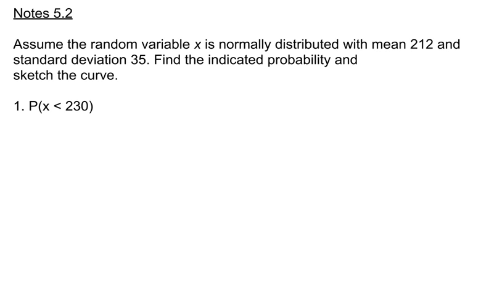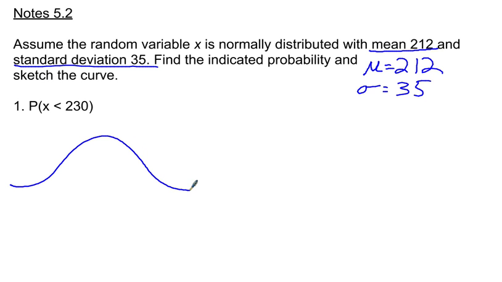So here in the first 4 examples, the mean is 212, and the standard deviation is 35. So, going to find the probability that x is less than 230.